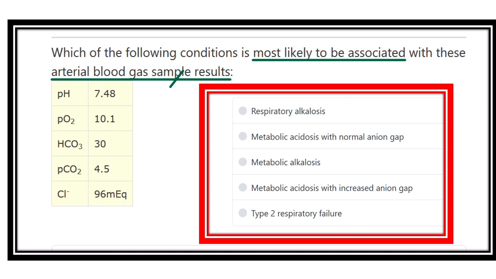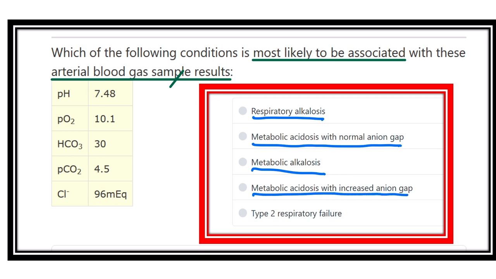So what may be the cause? The options are respiratory alkalosis, metabolic acidosis with normal anion gap, metabolic alkalosis, metabolic acidosis with increased anion gap, and type 2 respiratory failure.